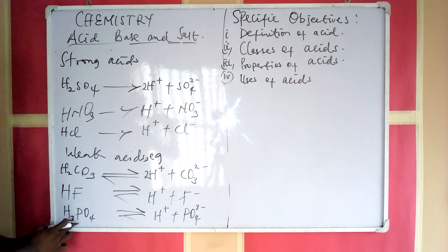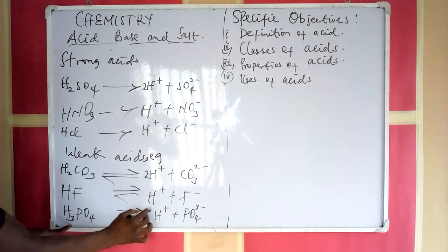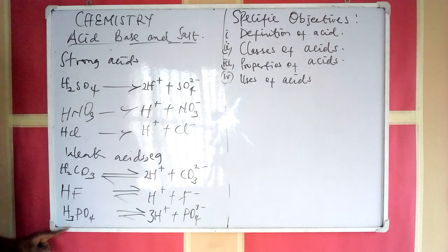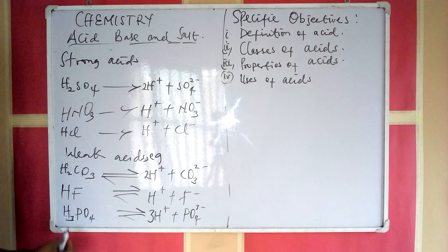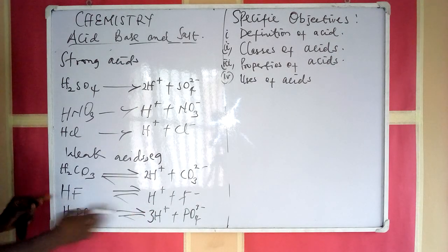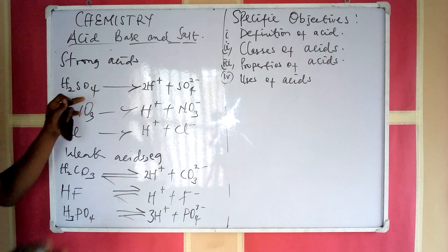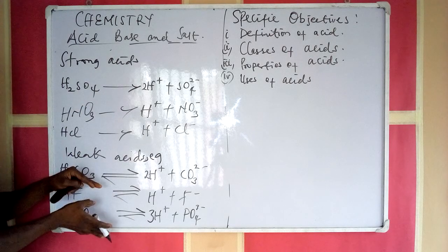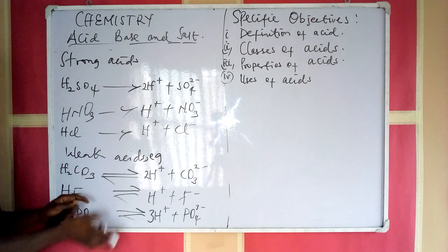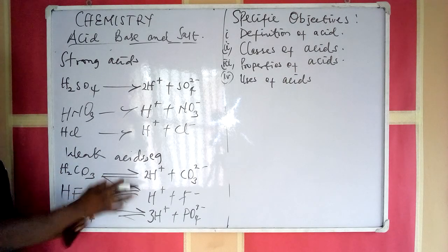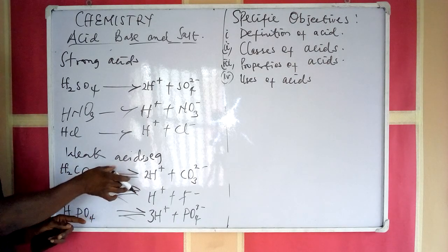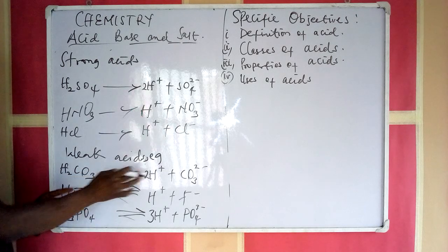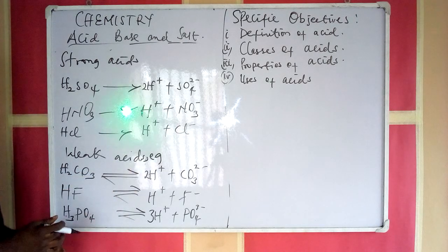And so on the balance sheet here, you have 3 hydrogen ions, then here you also have 3 hydrogens. That is the balancing. So the only way you show that this acid ionized partially in water is by using these reversible arrows, which have the forward one and the backward arrow.